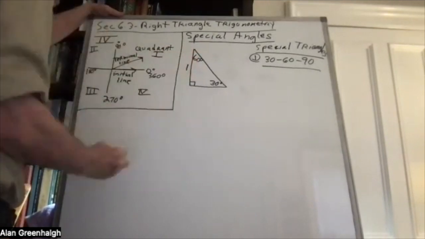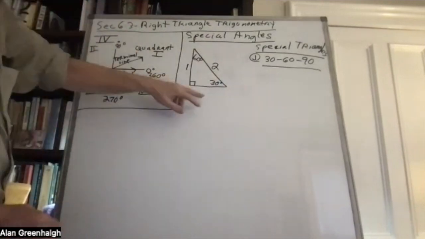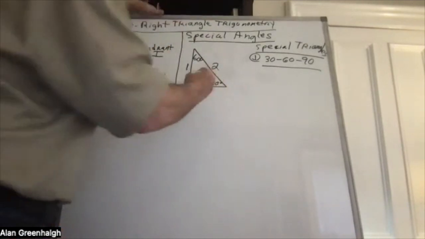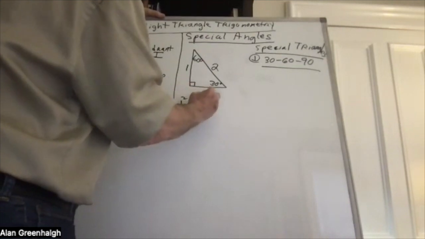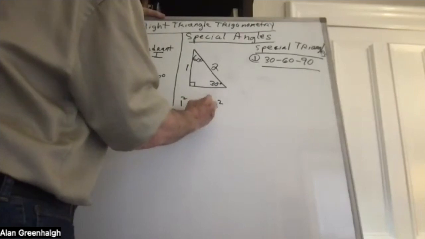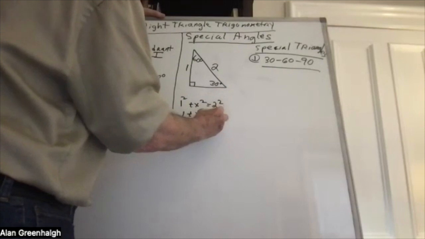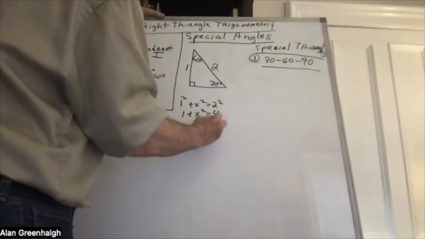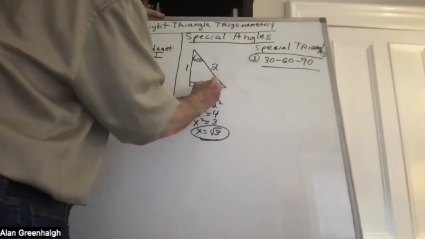This is 1. This is 2. If we wanted to find what this was equal to, we'd use the Pythagorean theorem. 1 squared plus x squared is 2 squared. 1 plus x squared equals 4. x squared equals 3. x equals the square root of 3. Therefore, the missing side is the square root of 3.